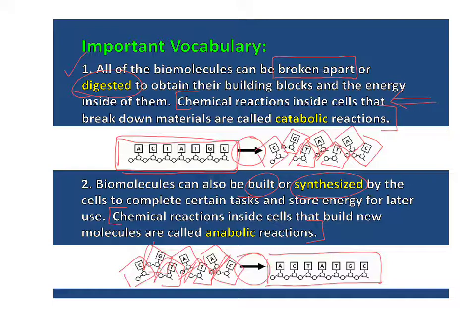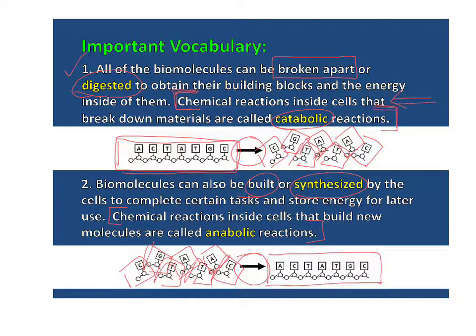Chemical reactions inside cells that break down materials are called catabolic reactions. And I want you to circle the word catabolic. For number 19, write the number 19 underneath 18 and write this sentence.